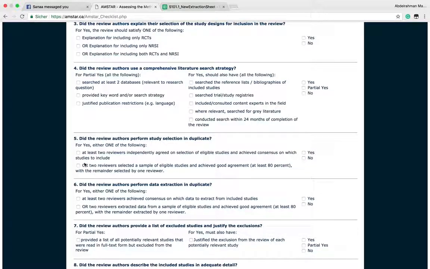So, they have no restrictions. For yes, should also have searched the reference lists and bibliographies of the included studies? I don't think so. Searched trial study registries? No. Consulted contact experts in the field? No. I'll say partial yes.